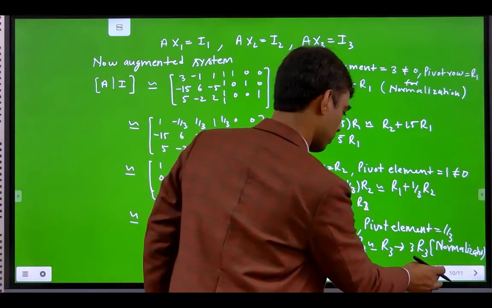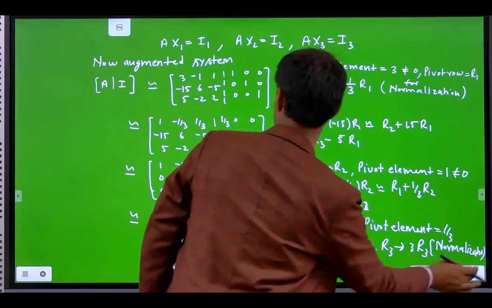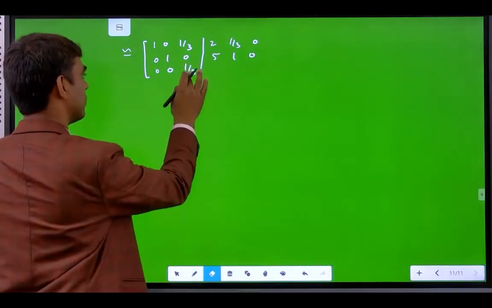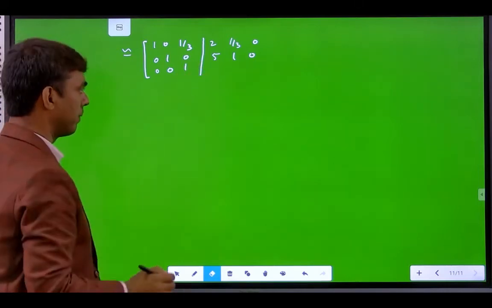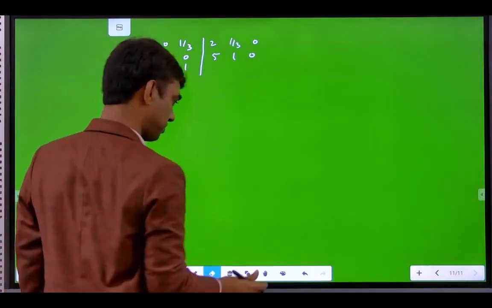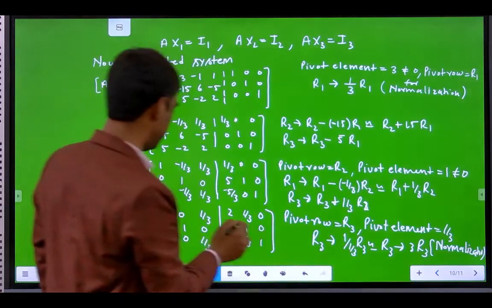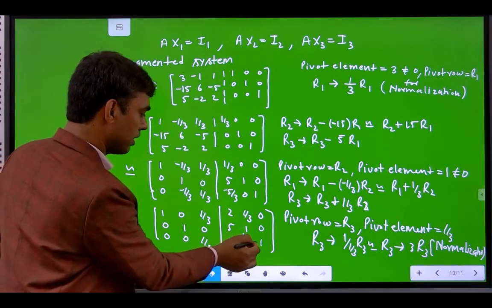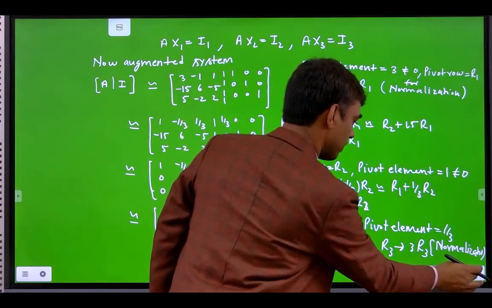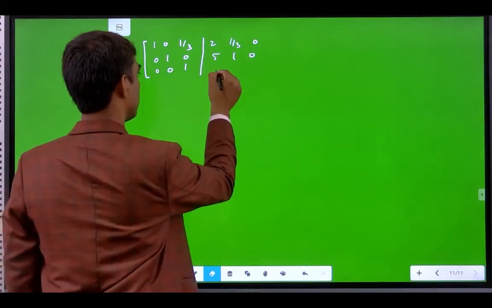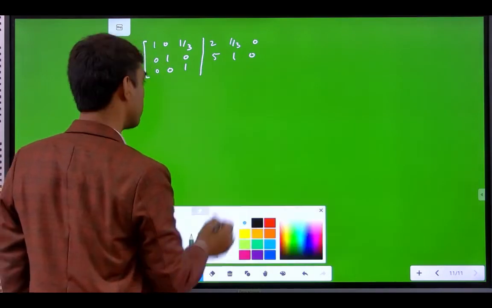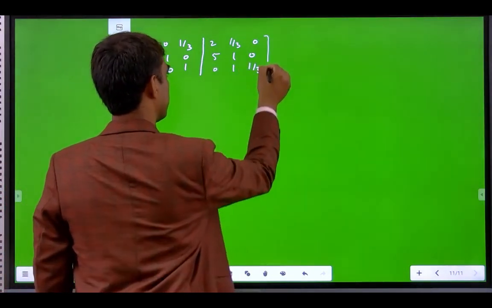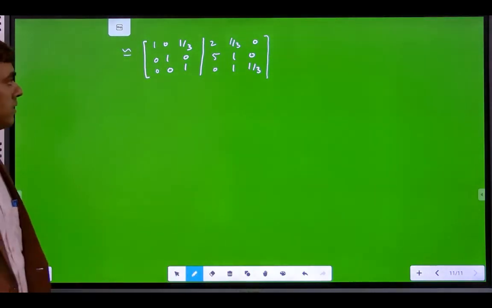So what we write here, rather than writing 1 by 3, we write 1. Because here we multiplied by 3, this becomes 0, this becomes 1, this becomes 1 by 3. 0, 0, 1, 1 by 3. 0, 1, 1 by 3.